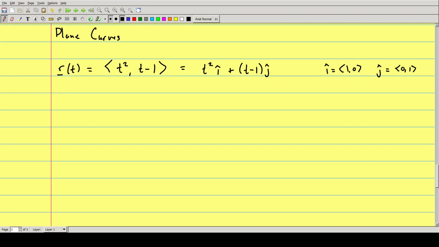Okay. If I wanted to plot this, I'd need to be a little bit more careful because we're used to thinking of our two-dimensional plots as looking like this, right?